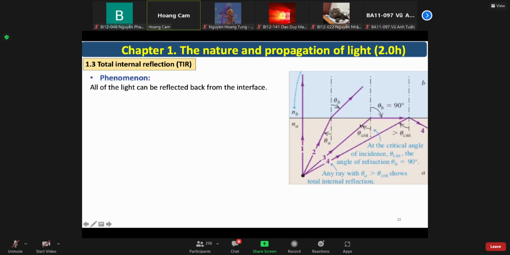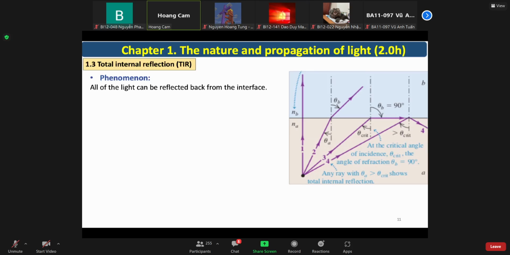And we can easily find the critical angle using Snell's law. Here theta B means 90 degrees, right? So we put NB multiplied by sine 90 degrees equal to NA multiplied by sine of theta critical.